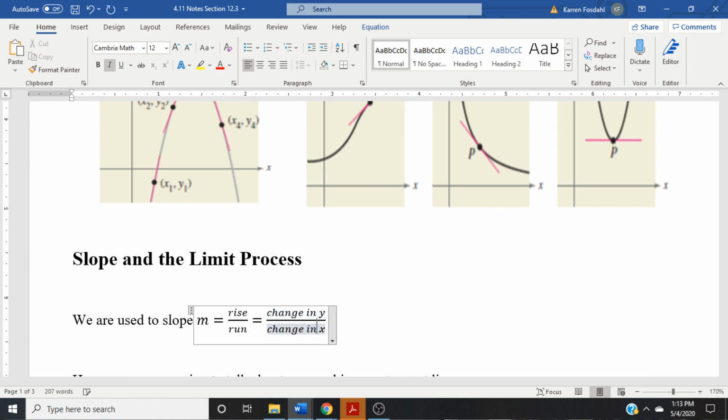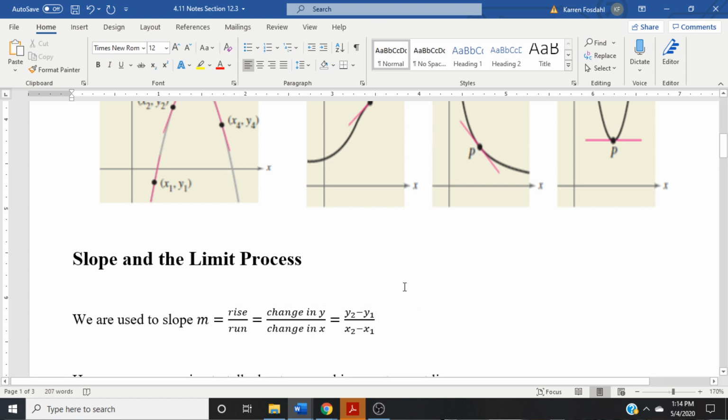Or, from algebra, we're even used to y2 minus y1 divided by x2 minus x1. Okay, we're used to that. That's the basics of slope.